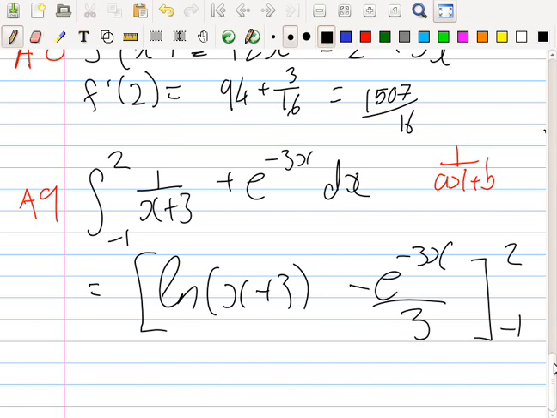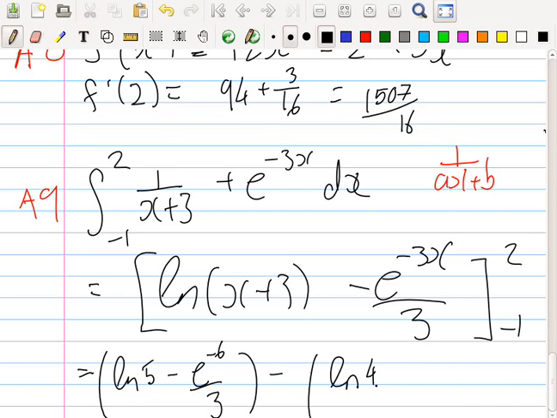Now, let's put in our numbers. Log 2, so that's log 5, minus e minus 6 over 3. And then I put in 1, so that's log 4 minus e minus, minus 1, sorry. So that's 2, and then that's positive 3.